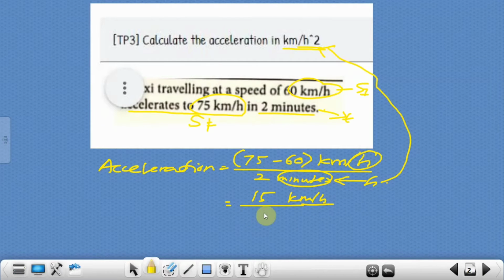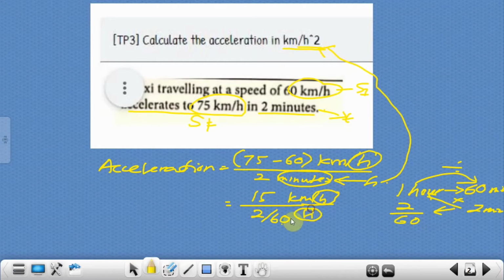Then to change minute to hour, divide 2 minutes by 60. When the unit is the same, you can proceed with the calculation. So 15 divided by 2 over 60, the answer is 450 kilometer per hour square.